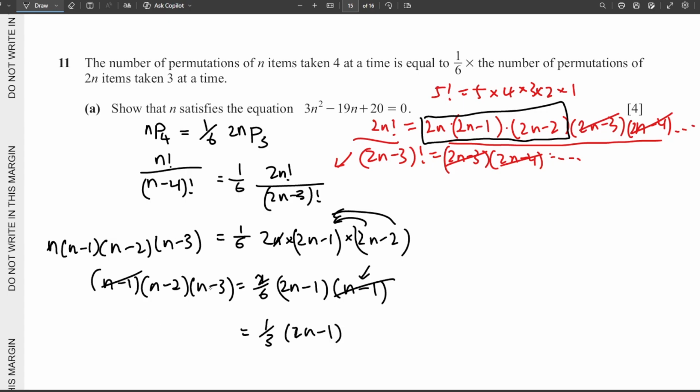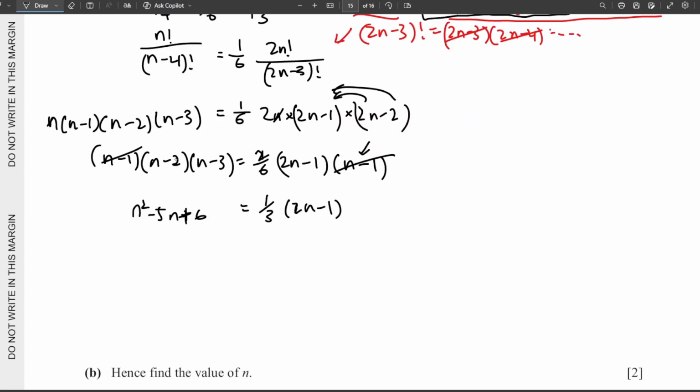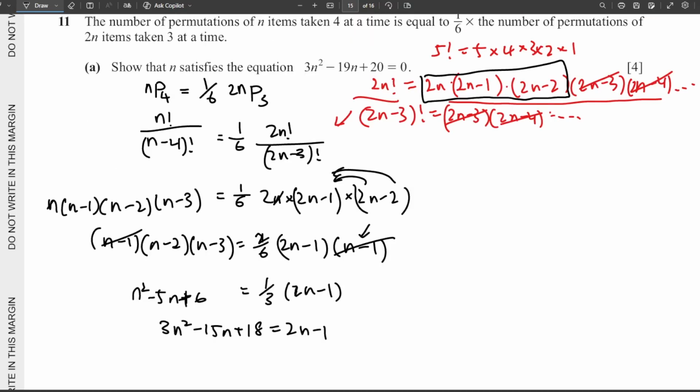And on the left hand side, I can just expand the bracket, n squared plus 5n plus 6. From here I'll just expand and simplify on both sides. So 3n squared plus 15n plus 18 equals 2n minus 1. Oh yeah, I've missed out here.